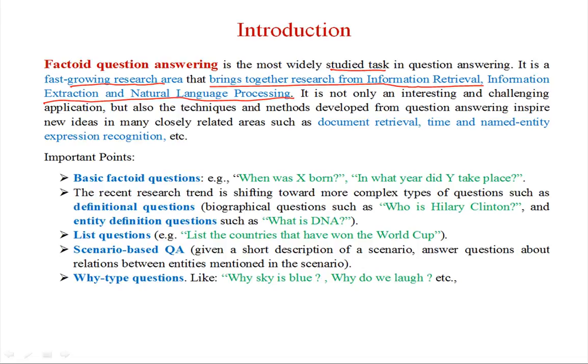And it is a very challenging application. Methods developed for question answering systems are very closely related to other areas like document retrieval, time and named entity expression recognition, etc.